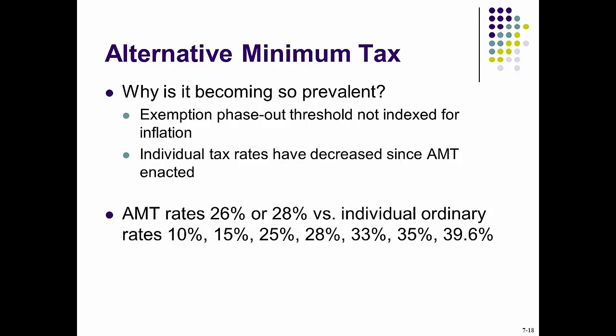So for those of you who have substantially high middle-class income, you may want to be careful about your potential alternative minimum tax. So here we conclude learning objective 2 discussing AMT.